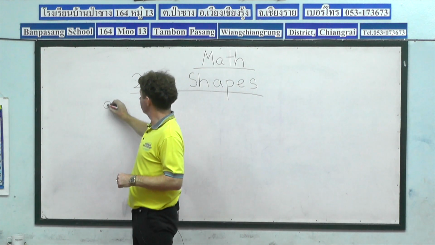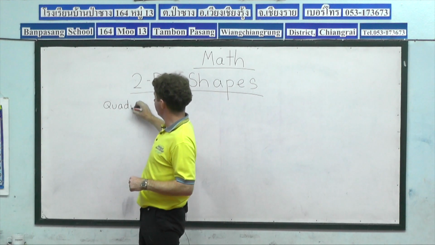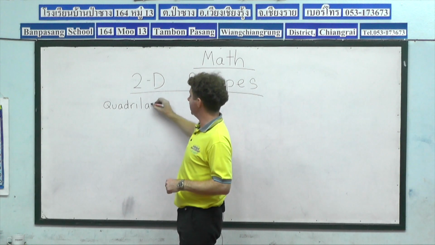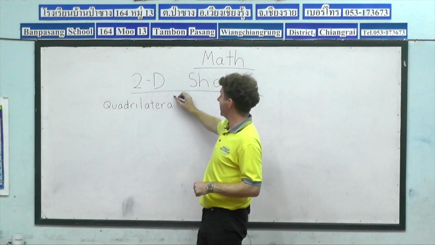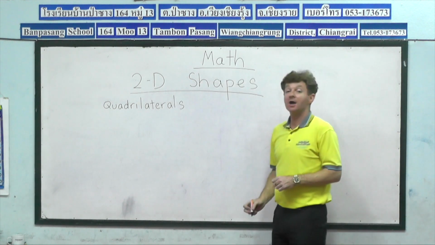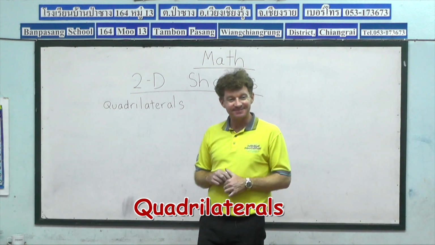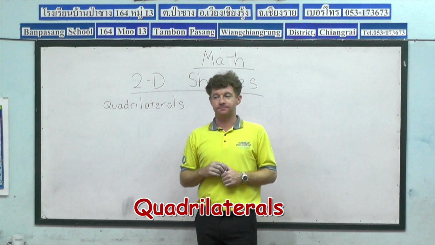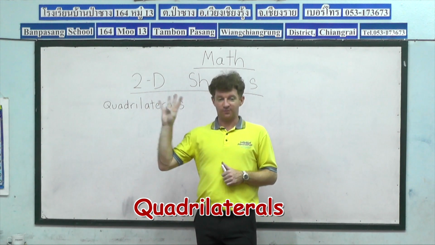Q, U, A, D, R, I, L, A, T, E, R, A, L, S. Quadrilaterals. Very well spoken. One more time. Quadrilaterals. How many sides? So how many corners? 4 corners.